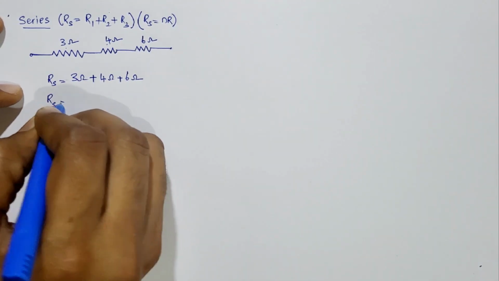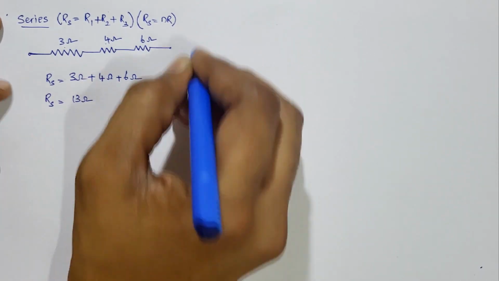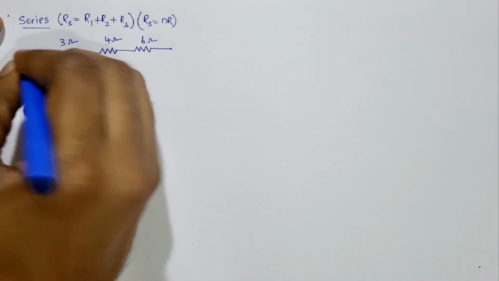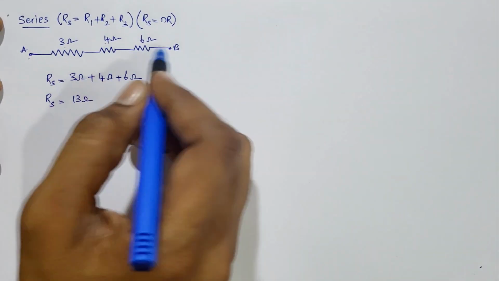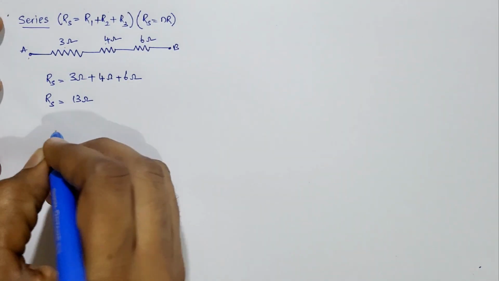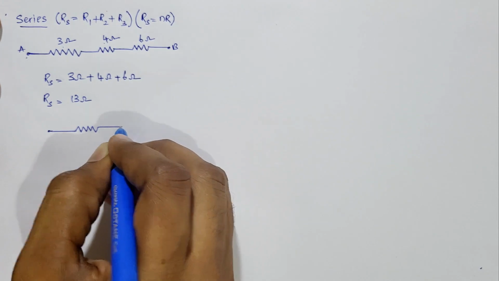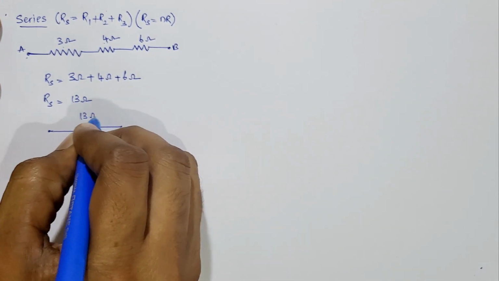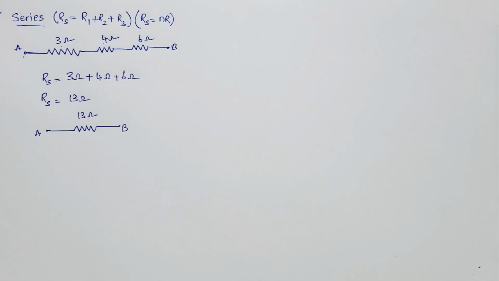So Rs is equal to 3 plus 4, 7. 7 plus 6, 13 ohm. So these three can be replaced. Imagine this as terminal A and this as terminal B. In between terminal A and B, the 3 resistances can be removed and you can draw a single resistance now. That resistance value is 13 ohm. This is terminal A and this is terminal B. That is about the series combination.